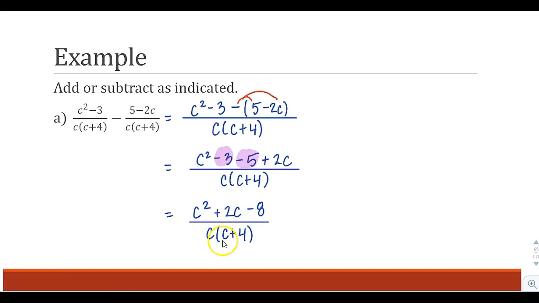So the denominator is already factored, and what I'd have to do is attempt to factor the numerator. So the numerator, c squared plus 2c minus 8, can be factored further. So the numerator can be factored to, we'll have c and c, that's how we make c squared, and the two numbers that multiply to give us negative 8 and add together to give us positive 2 are positive 4 and negative 2.